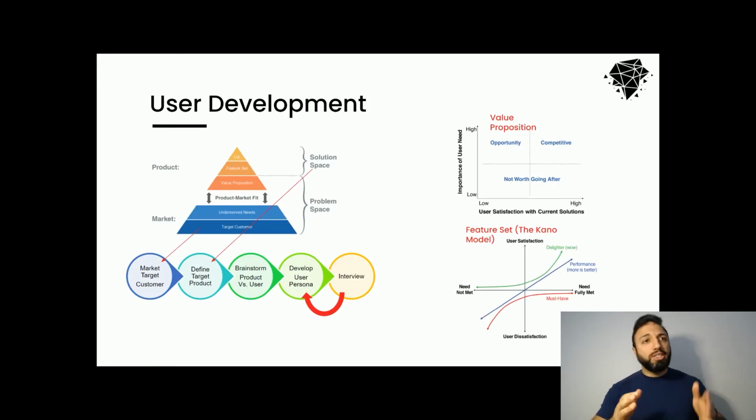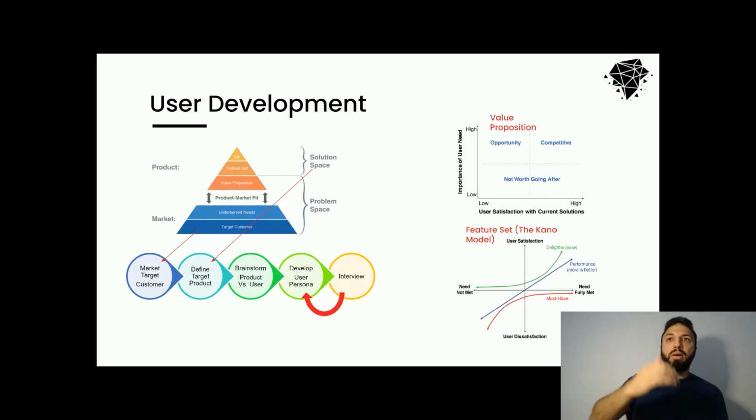So in order to do that, the market target customer, and defining the target product and brainstorming product versus user is very important and very integral to how you get there, right? How you're going to get there is the most important point I want to discuss right now.